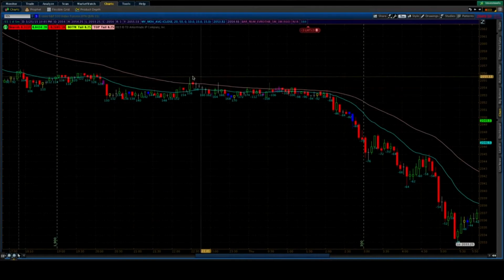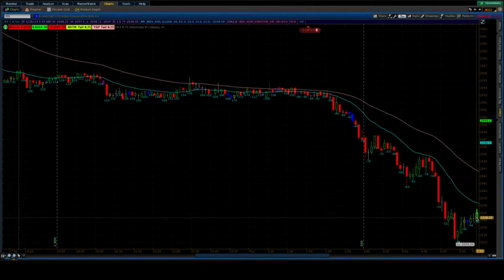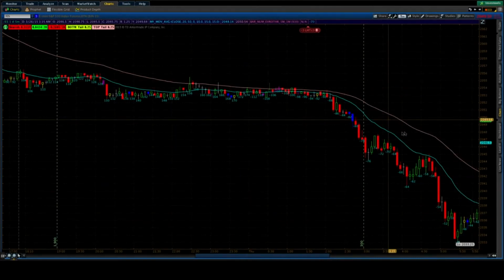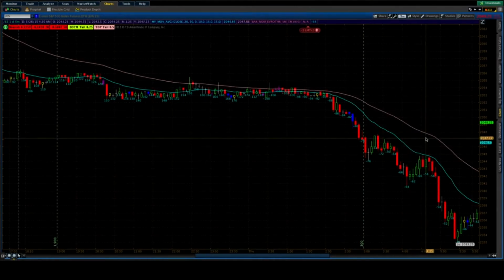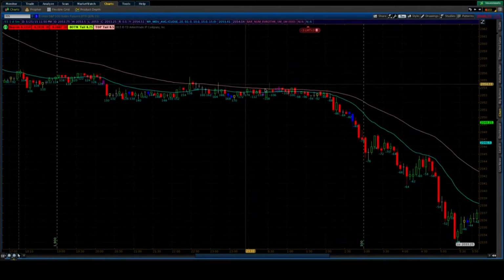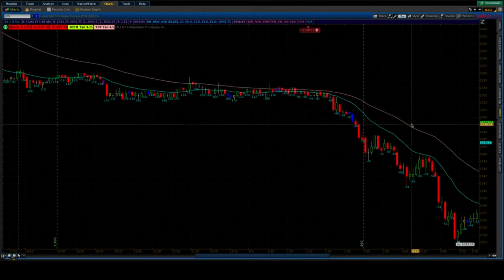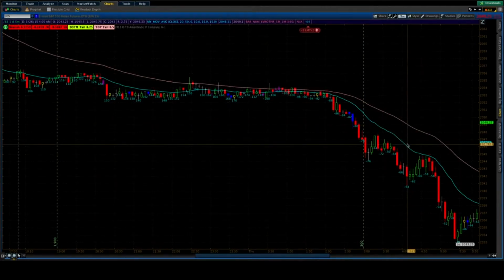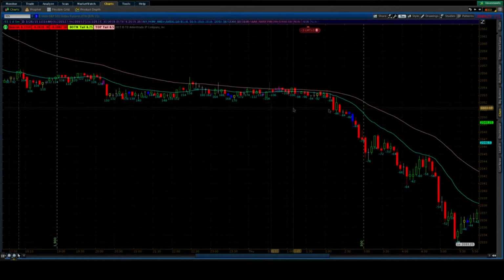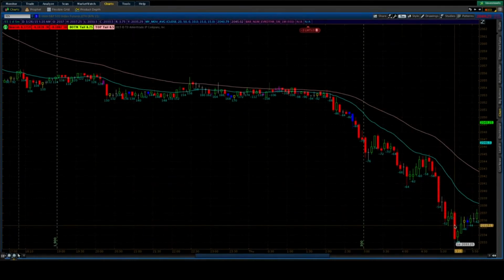I try to keep it as clean as possible. Since I'm mentioning moving averages and signals and indicators, this is it. I only use the 50-minute and the 20-minute moving averages, and that is it. Everything else is pure candlestick bars.